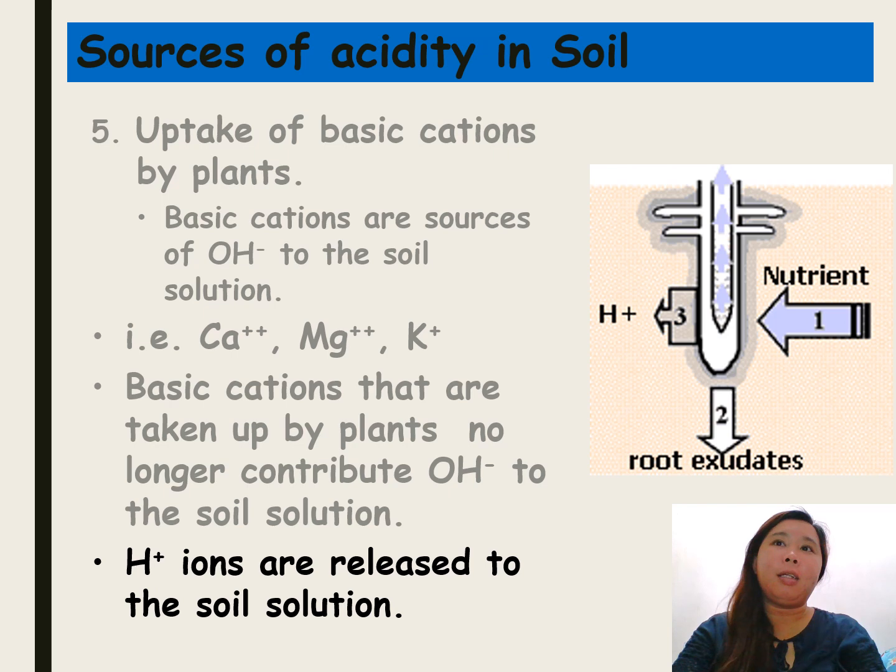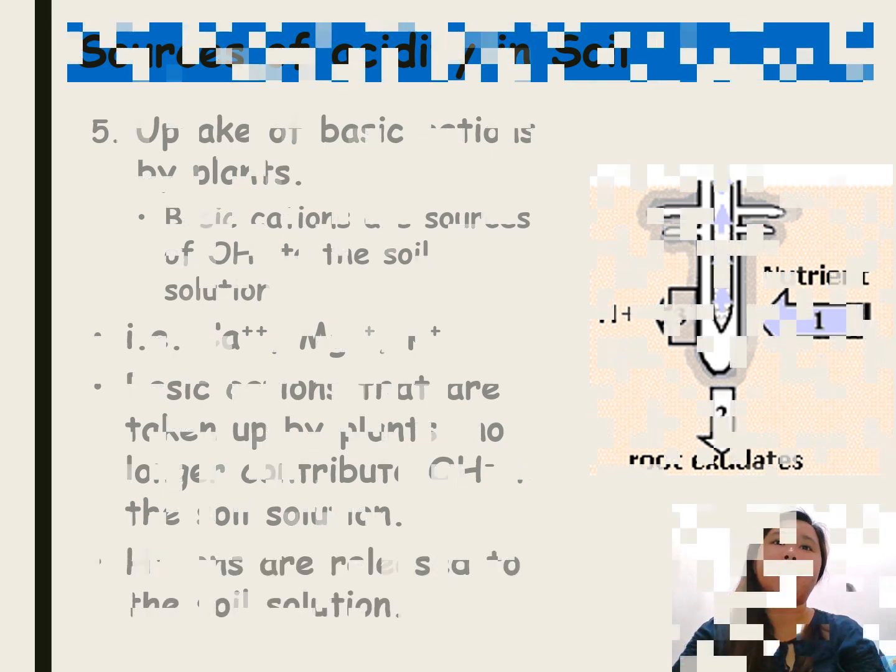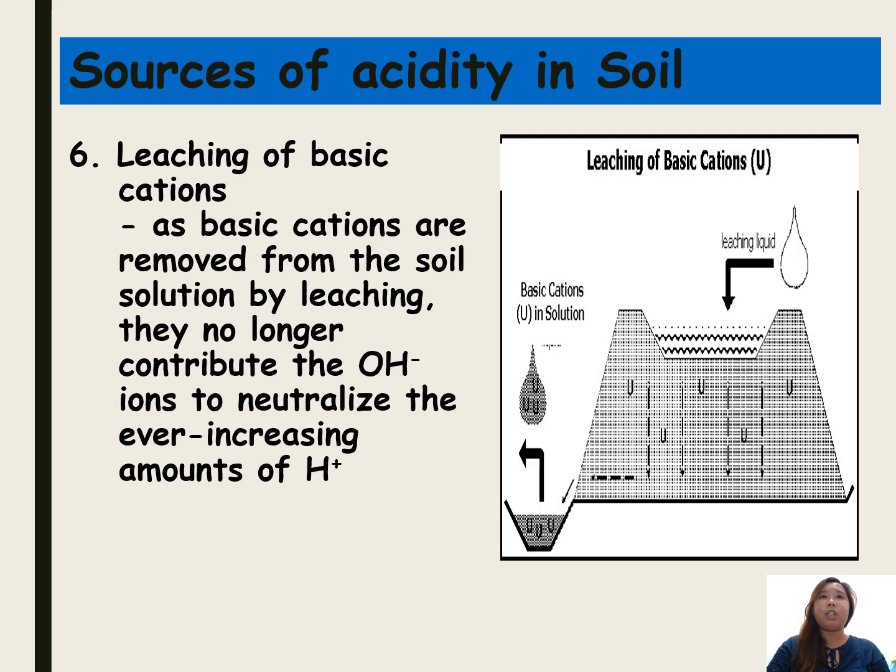As the plant takes up the basic cations, it can release root exudates, and can also release some hydrogen ions. We also have the leaching of basic cations as a source of acidity, because these basic cations are removed from the soil solution by leaching.